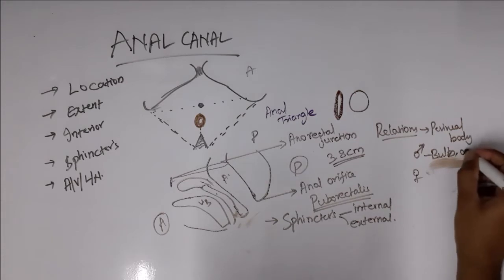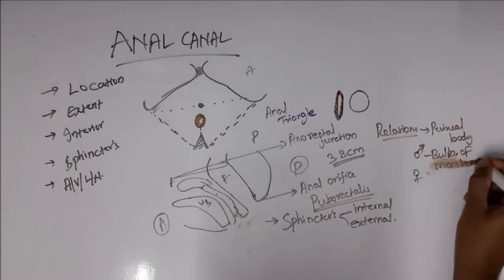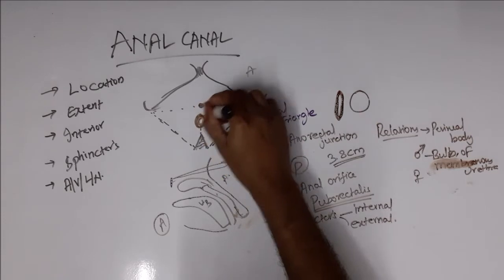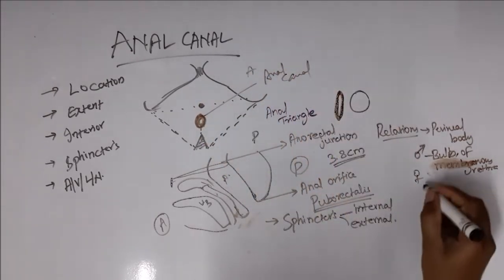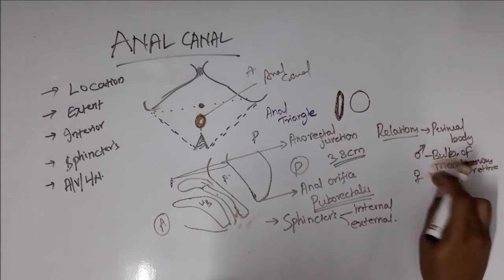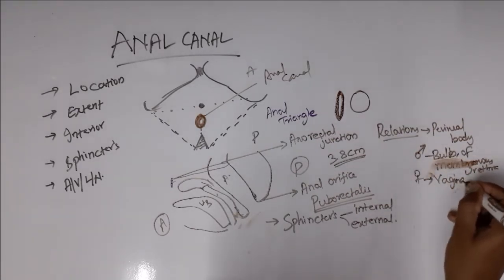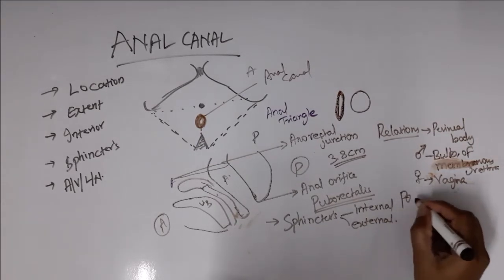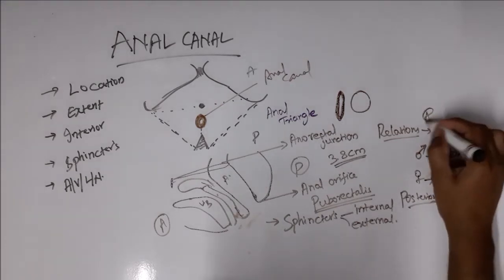Those are the anterior relations for this anal canal in males. In females, anteriorly there is the vagina. Then the posterior relations are common for both.